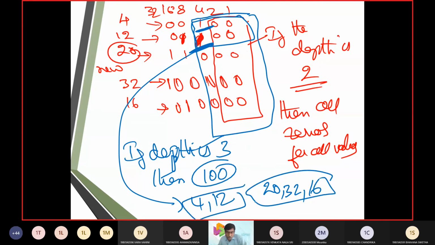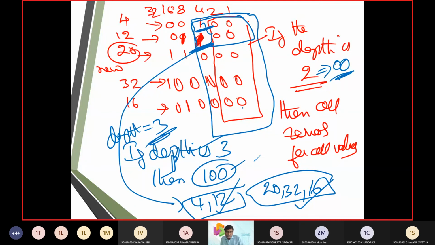So now, what was our previous question? Why did you put 4 and 12 at one position? Why didn't you put 12 in another position? That was the question. Now what was the answer? 4 and 12, the third bit position, that is when the depth was 3. When the depth was 3, it is 100. But here when the depth was 2, it is only 00.